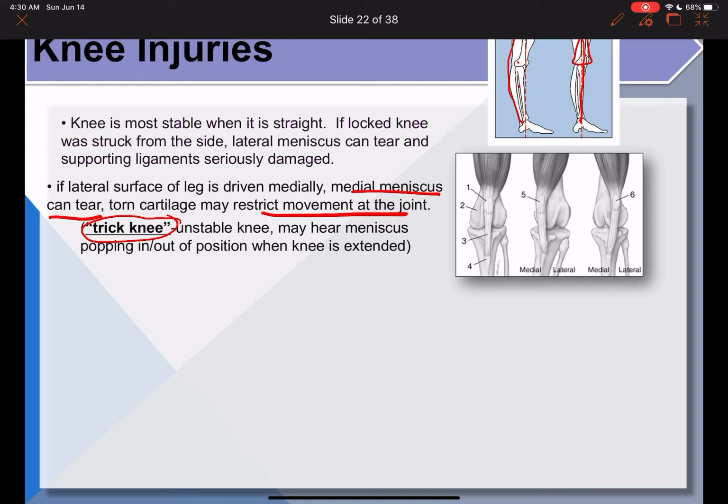Or some people with a trick knee can buckle and fall because of that unstable knee. Now, a torn meniscus may or may not require surgery, as I was saying, depending on the severity of the damage. Some surgeries may even involve replacing the meniscus with one that comes from a cadaver, for example.